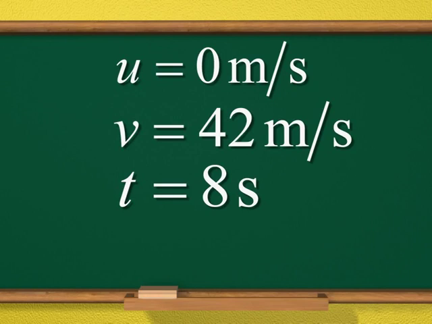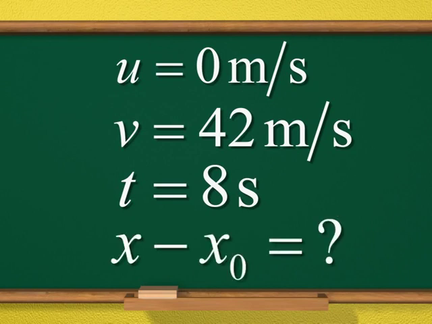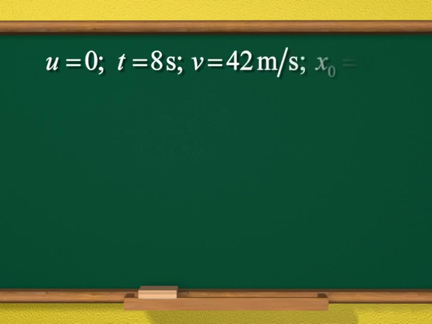You have to measure the distance travelled in the first 8 seconds. It is to be noted that the initial velocity of the car, that is u, is 0, and after 8 seconds the final velocity, that is v, is 42 meter per second.